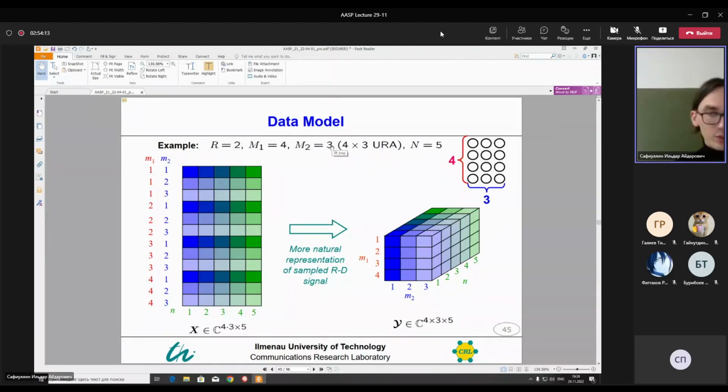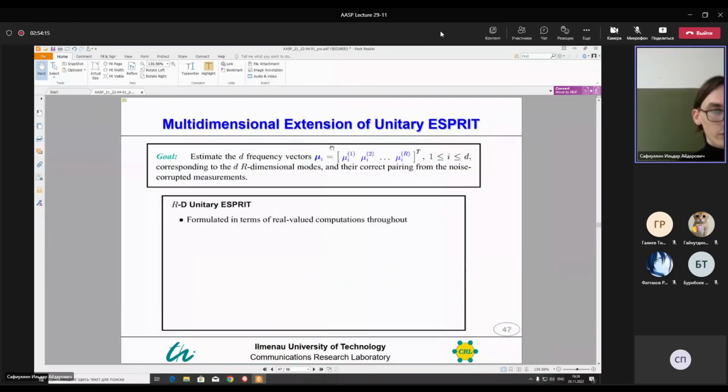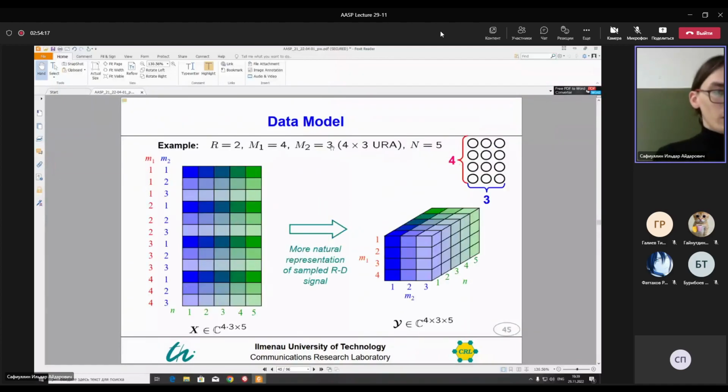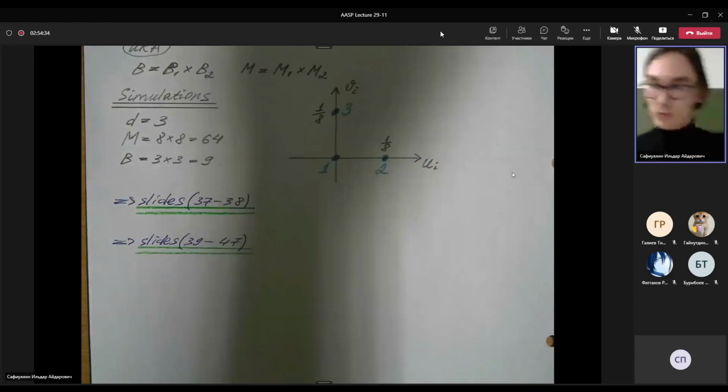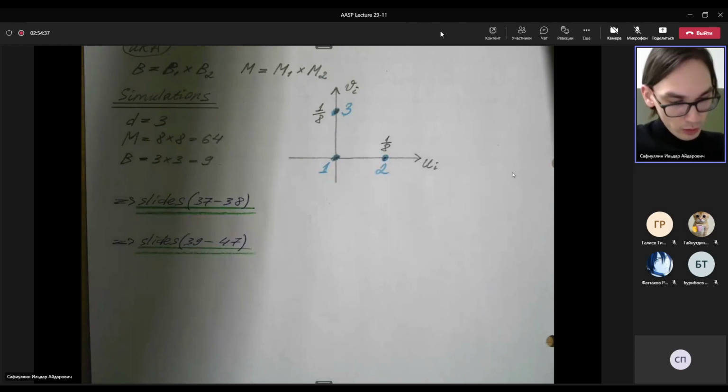M1, M2, let me check. Okay. So we have M1, M2, and we collect 5. 1, 2, 3.